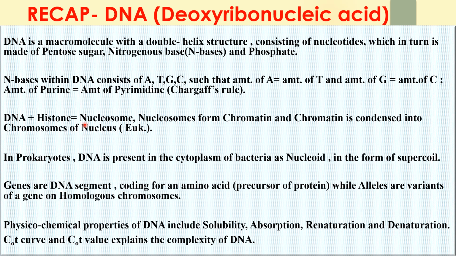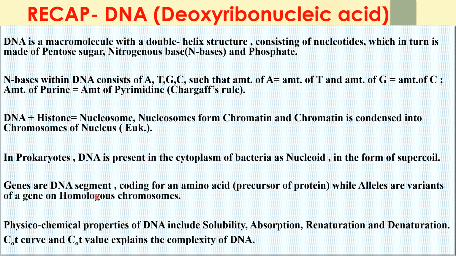Again, DNA plus histone means nucleosome. Nucleosomes form chromatin. Chromatin is condensed into chromosomes of the nucleus, that is about DNA packaging in eukaryotes. In prokaryotes, DNA is present in the form of a supercoiled structure in the cytoplasm of bacteria as nucleoid.